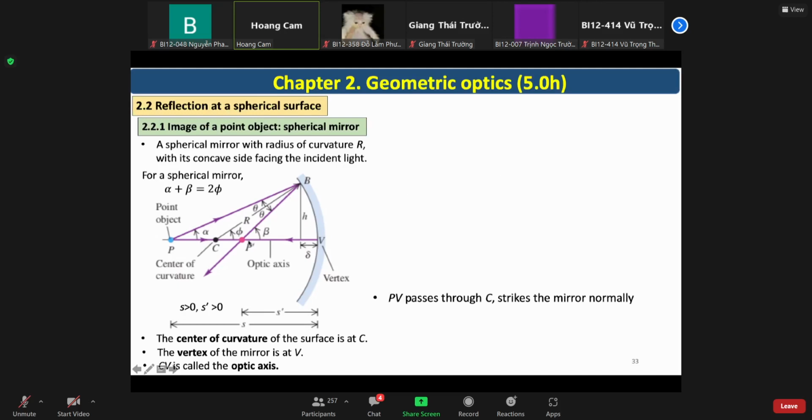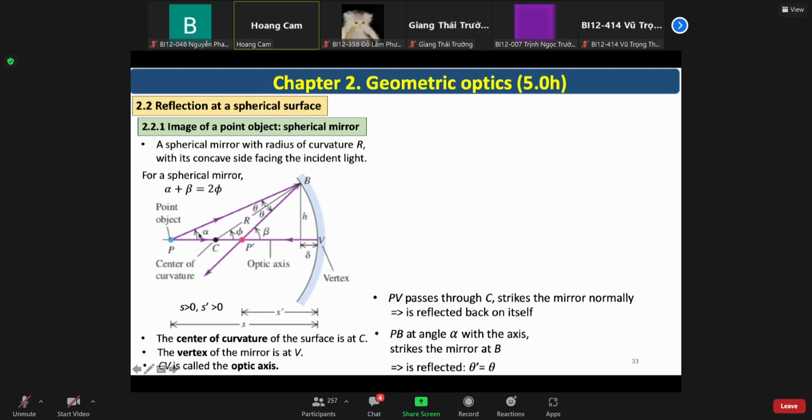In order to form the image, we can draw PV passing through C, striking the mirror normally, so it is reflected back on itself. And PB strikes at angle alpha with the axis, here is the axis, and strikes the mirror at B, and is reflected with angle theta prime, and theta is equal to theta prime.